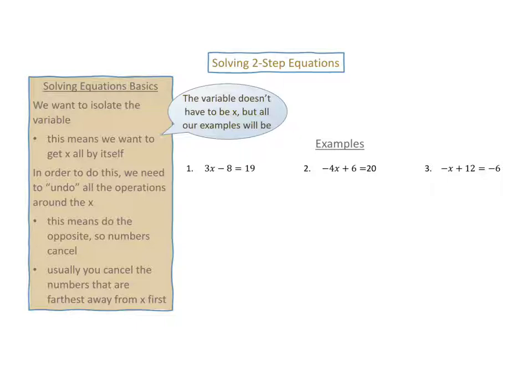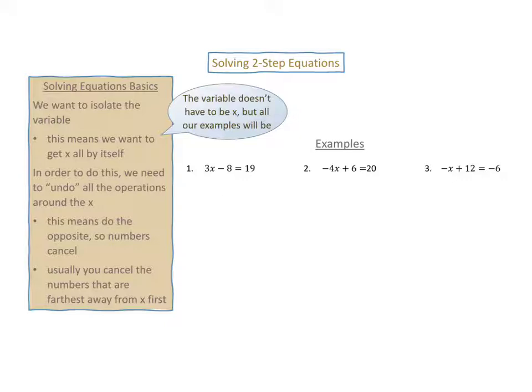Okay, two-step equations. The basic idea behind solving equations is you want to isolate the variable. The variable is the letter that stands in for the number that we're trying to find. That means we want to get x all by itself. It doesn't have to be x, it can be any other letter, but generally speaking, we use x.